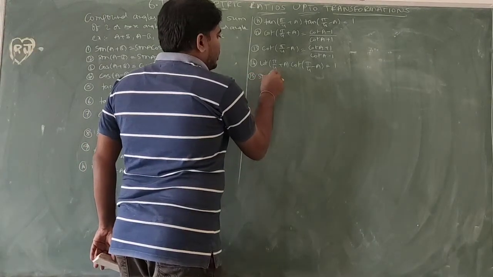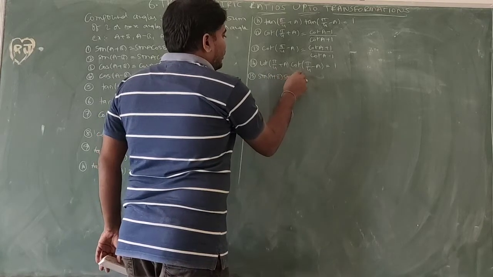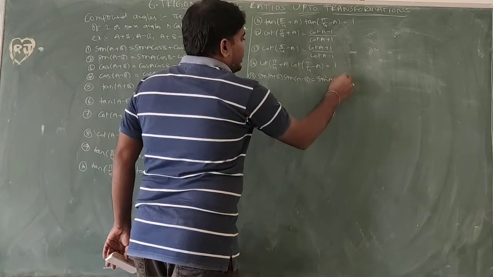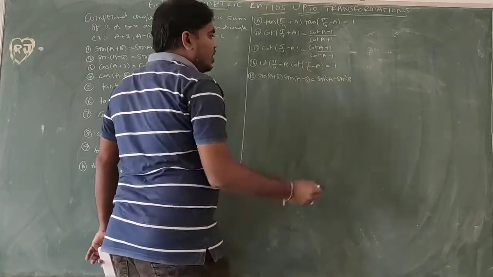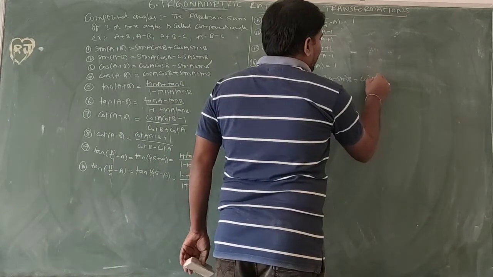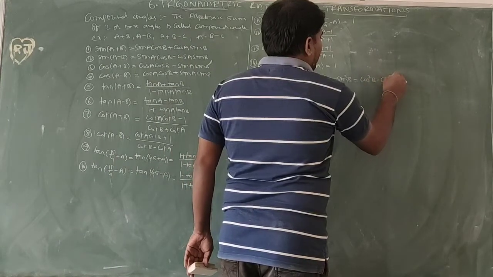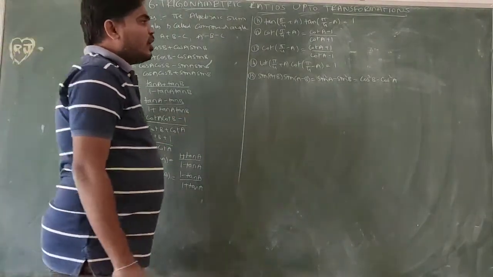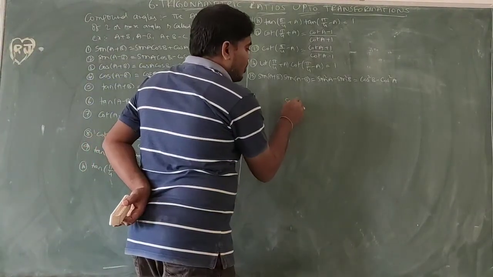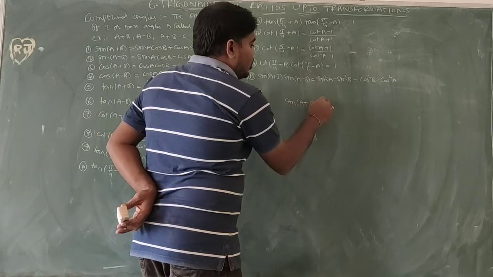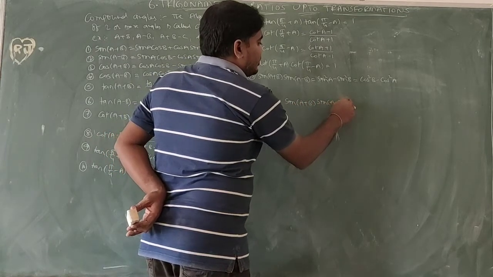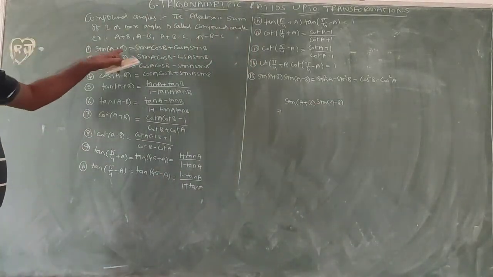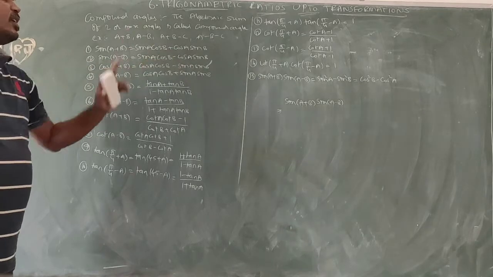Next, sin of A plus B into sin of A minus B equals sin square A minus sin square B, which equals cos square B minus cos square A. We can easily prove this one also. Sin of A plus B into sin of A minus B: what is the formula for sin of A plus B?